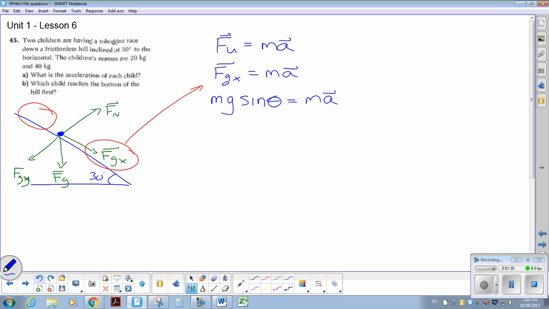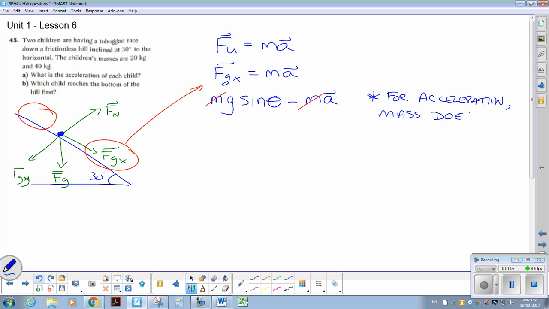Now here's where the neat thing with this is, whether you put the 20 or 40 in, it actually doesn't matter. Mass cancels out, which means for acceleration, I'll put this off to the side, for acceleration, mass does not matter.